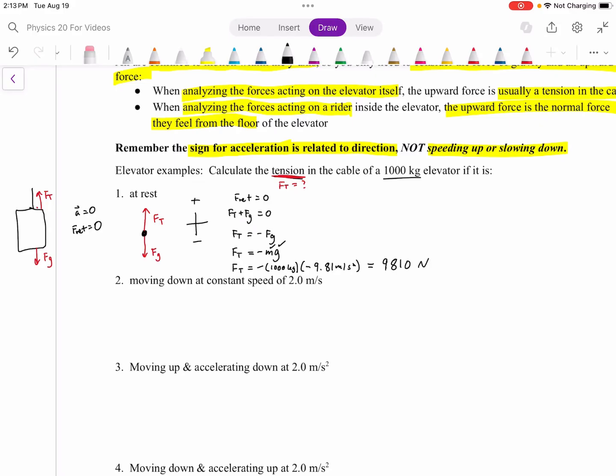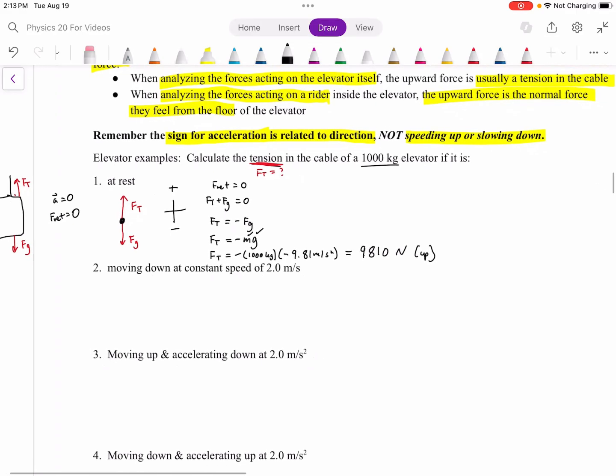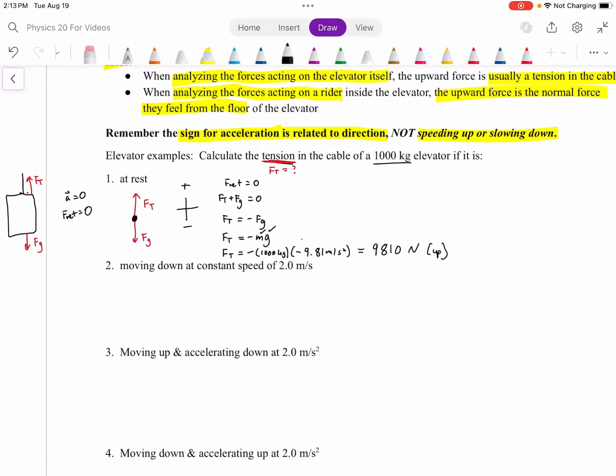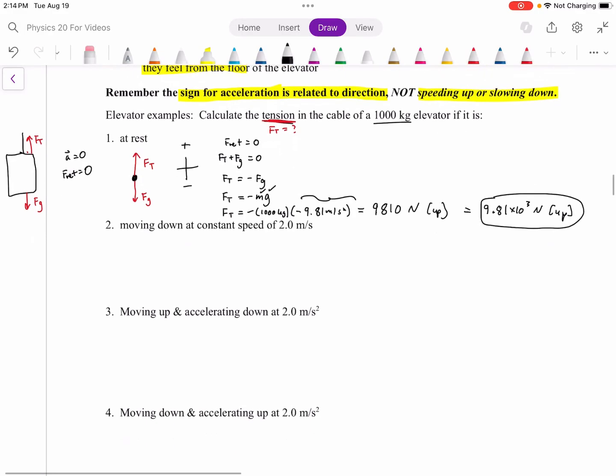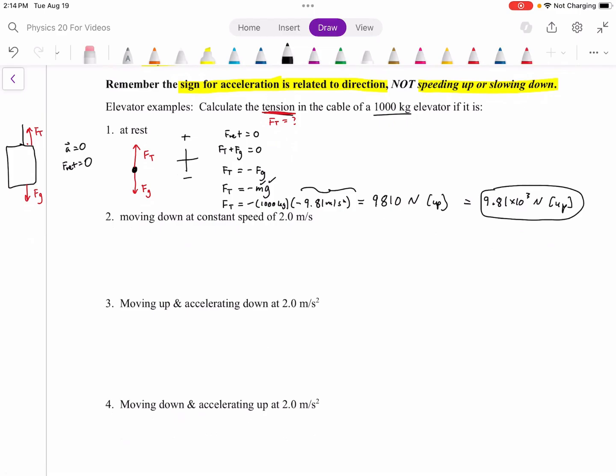That positive means up, like we would expect for this tension, right? Now, I did use 9.81, so my answer should have 3 sig digs here. All right. Now, what if the same elevator is no longer at rest, but moving down at a constant speed of 2 meters per second?